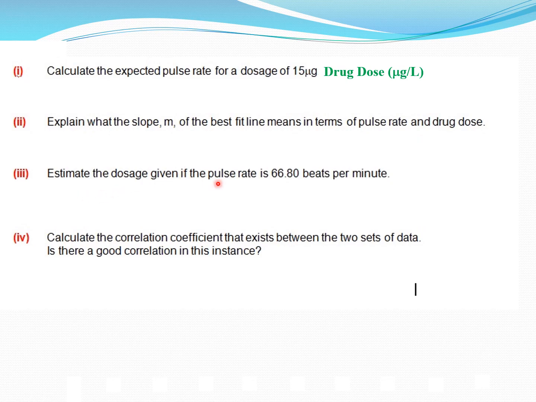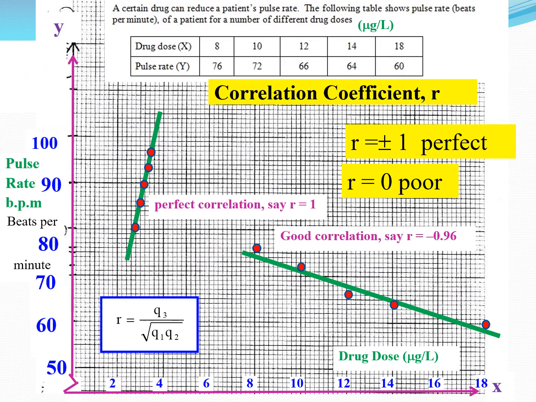Estimate the dosage given if the pulse rate was 66.8 beats per minute. And the last part then is calculate the correlation coefficient that exists between the two sets of data. Is there a good correlation in this case? So let's just take a look at what we mean by the correlation coefficient, and then we'll come back and answer the earlier 3 questions as well.